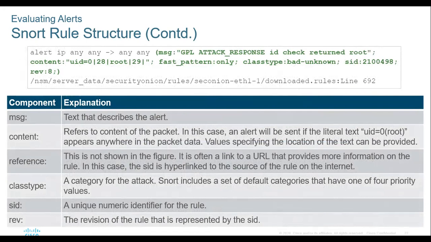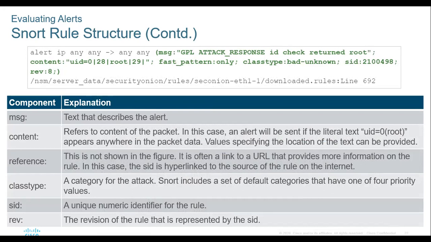So let's look at the other components. The message, MSG, is text that describes the alert. As you can see from the message, you have GPL attack response ID check return route. Then content refers to the content of the packet.